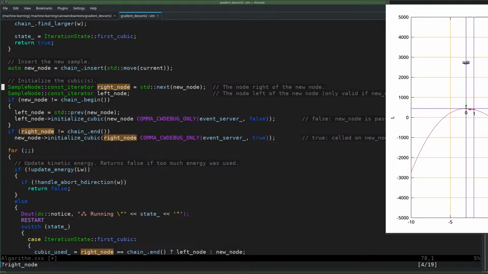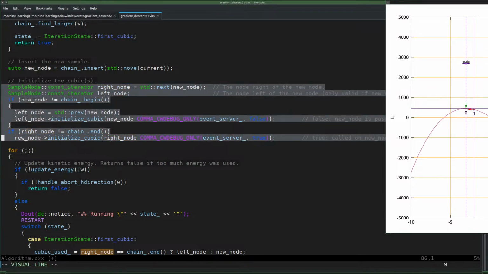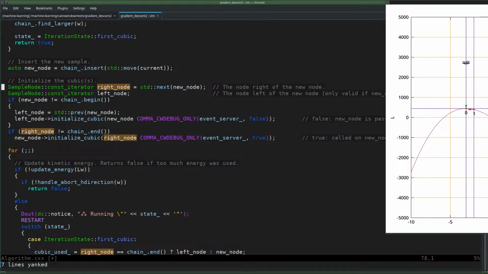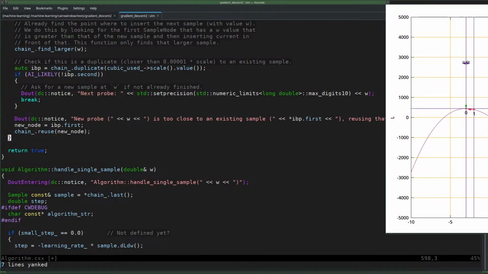So I need to repeat this, I think. Before jumping back, which you just do at the end here.